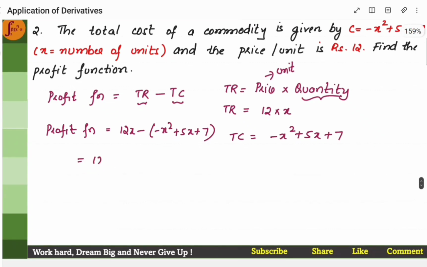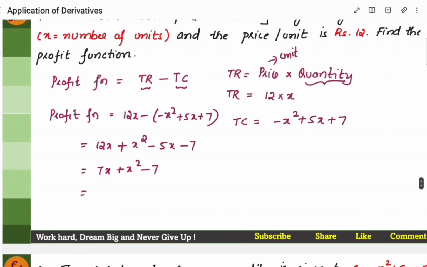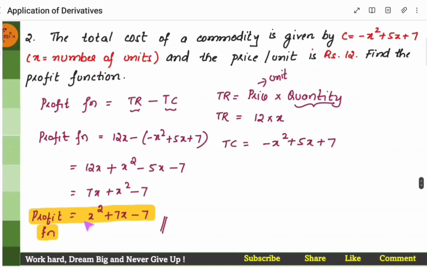So, this is going to be 12x minus x square minus 5x minus 7. So, it will be 7x minus x square minus 7. So, let me rearrange this: x square plus 7x minus 7 is the profit function. So the profit function is x square plus 7x minus 7.